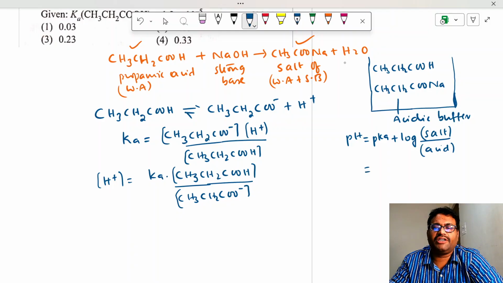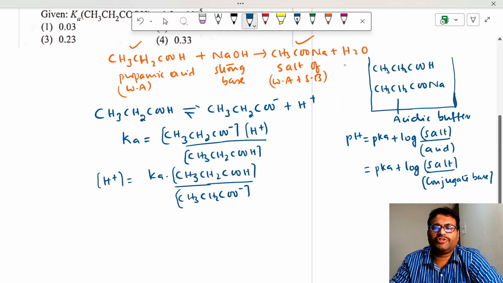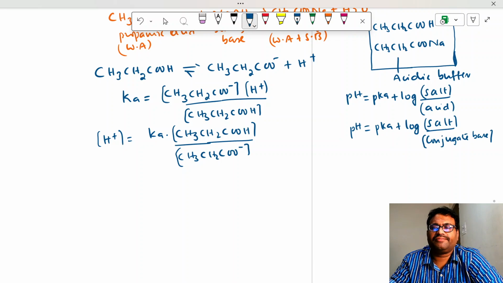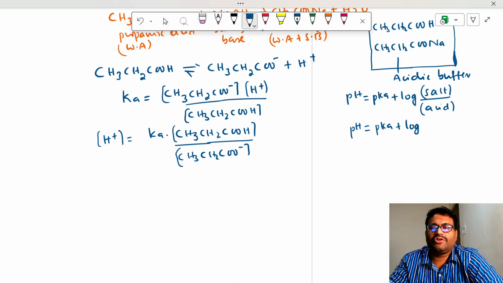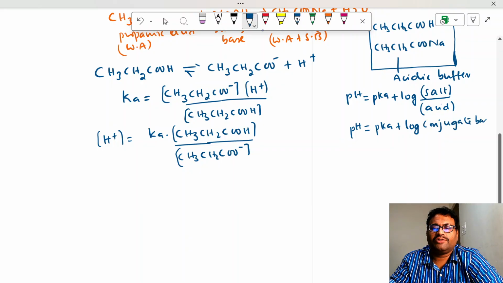Or you can also write pKa plus log of conjugate base concentration by acid concentration. Salt or conjugate base, both are the same.